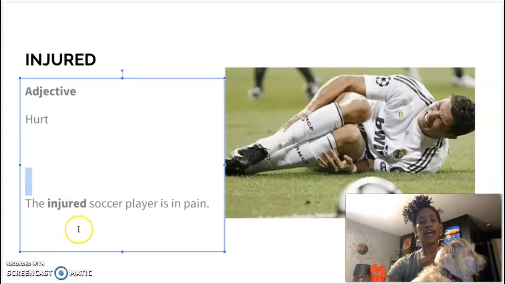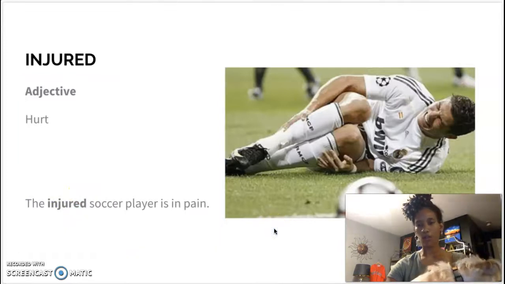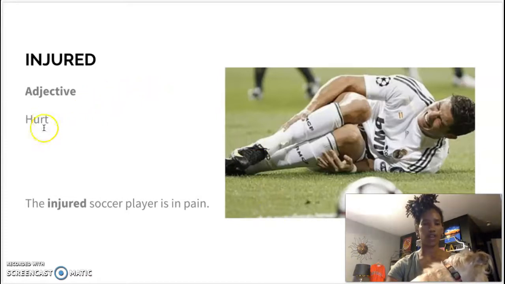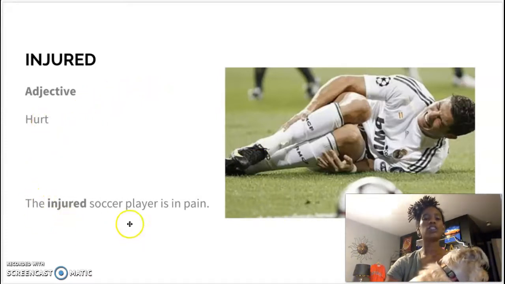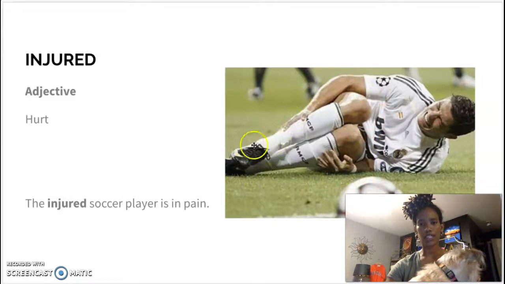Now it's in adjective form. Before it was a verb. So injured in this case is an adjective, which means hurt. The injured soccer player is in pain, like you see here.